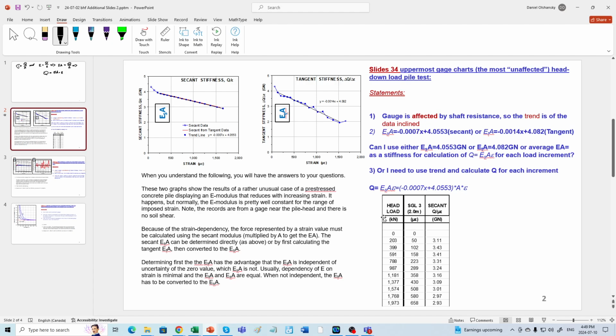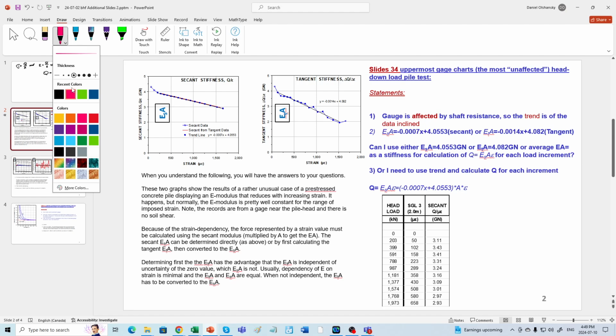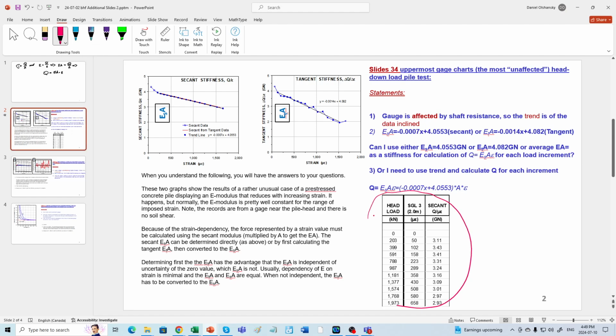I took this table from your Excel file, and you get one chart if you just use load divided by strain, and another if you take differences between two loads on the pile head.